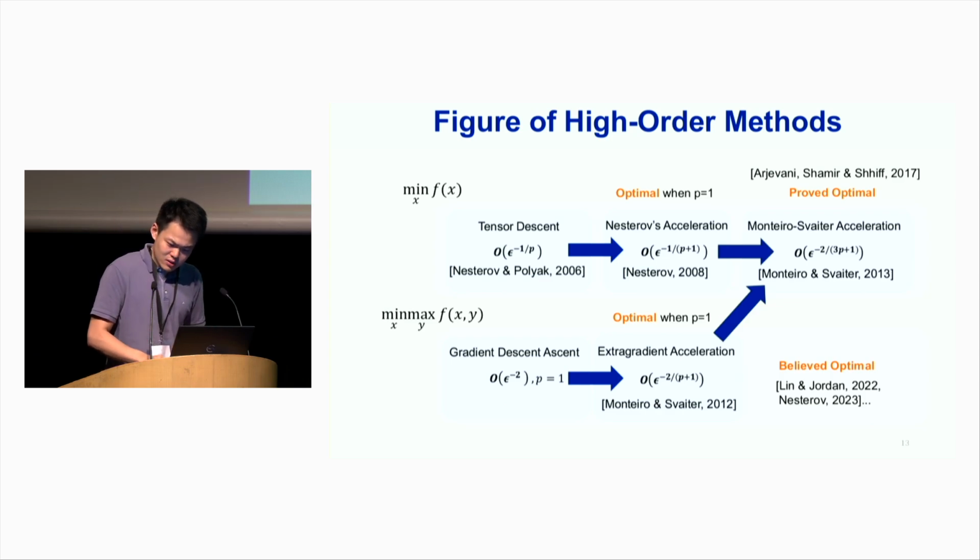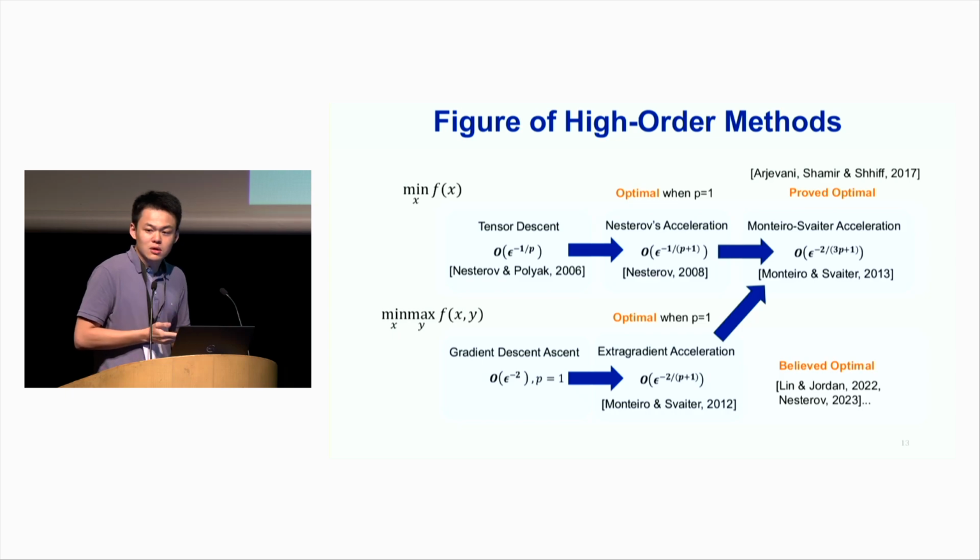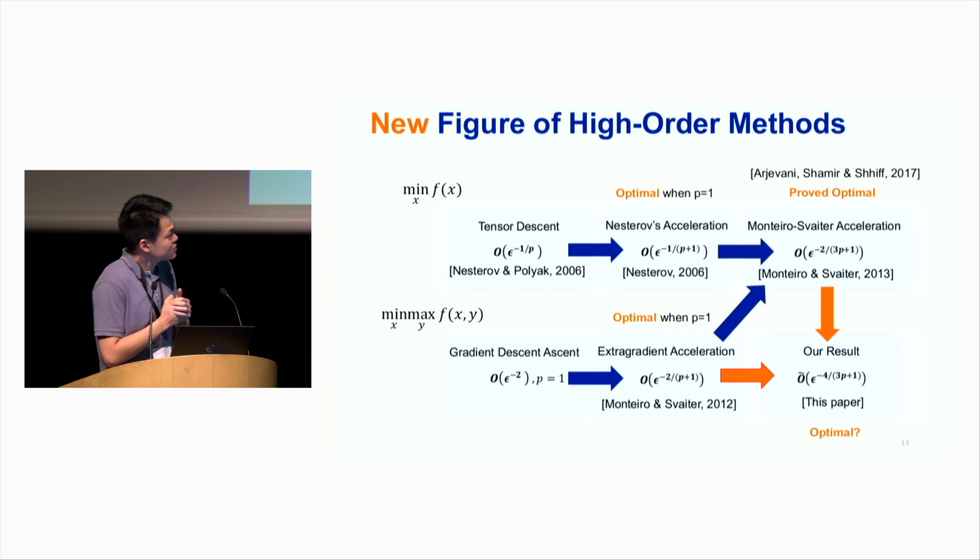Our work is basically to understand, we start by thinking, is this truly optimal for the general case that we care about? And in the end, in this paper, we show that previously it was not optimal. The takeaway is that instead of going from Nesterov acceleration and extra gradient directly, we need to use techniques from MS acceleration and extra gradient descent. If we combine them cleverly, then we can get faster rates.